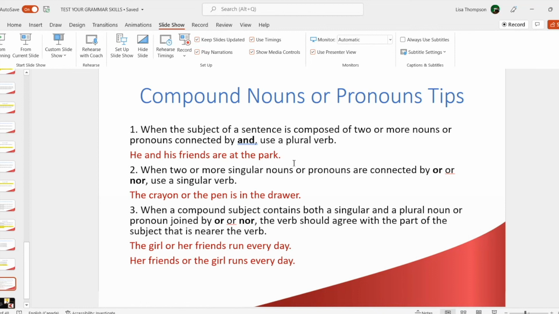Instead of he and his friends, he and his friend.